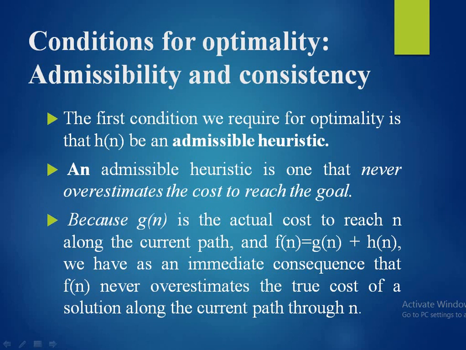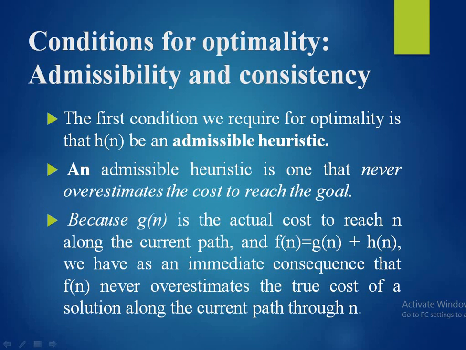Now we are going to see the conditions for the optimality of the A star search. So what are those conditions? Those are admissibility and consistency. The first condition we require for optimality is that h of n should be an admissible heuristic.